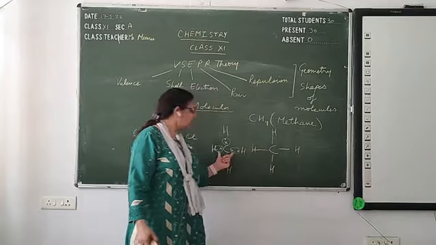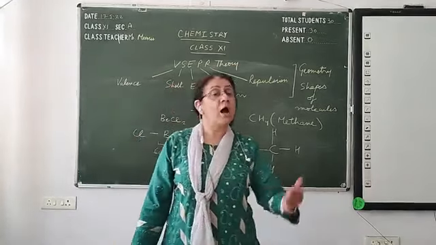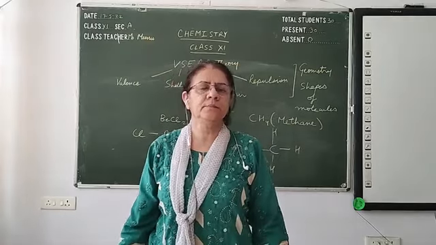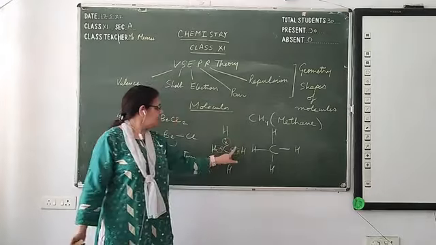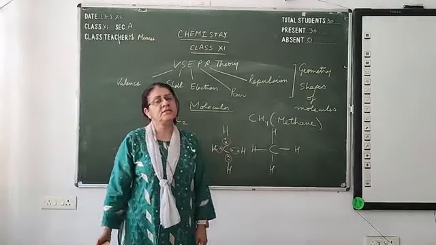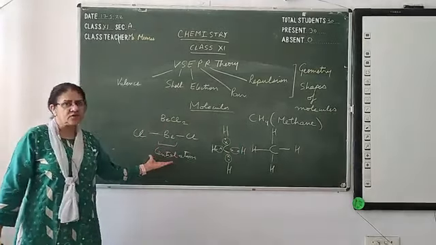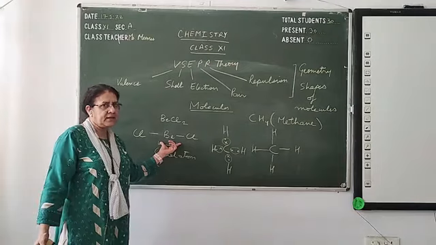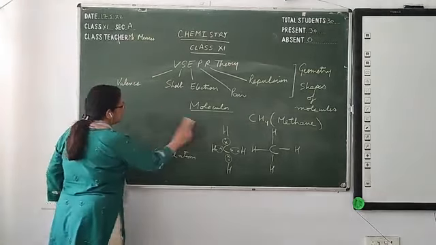In this case, carbon is the central atom. How many electron pairs are there? There are 4 electron pairs, 1, 2, 3 and 4, around carbon. Here in BeCl2 the central atom is beryllium and it has 2 electron pairs with chlorine.